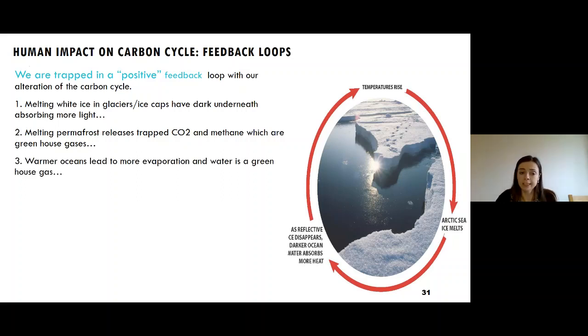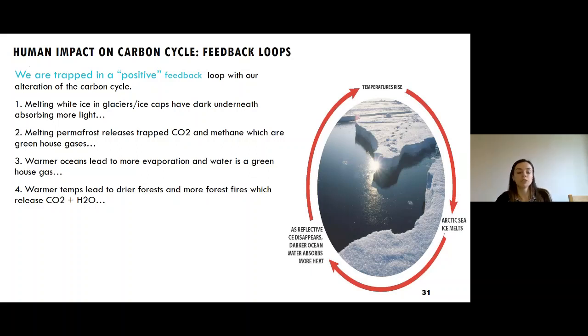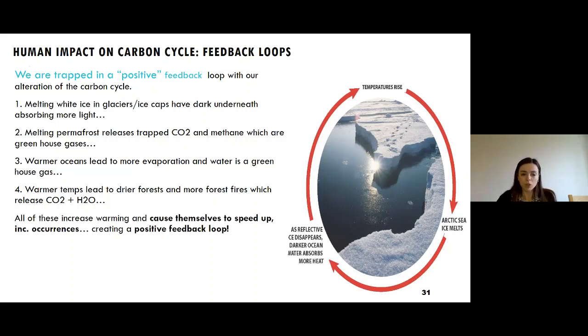Warmer oceans lead to more evaporation, and water vapor is a greenhouse gas. Warmer temperatures can lead to drier forests, and more forest fires can release carbon dioxide and water vapor. All of these increase warming and cause themselves to speed up, creating a positive feedback loop.